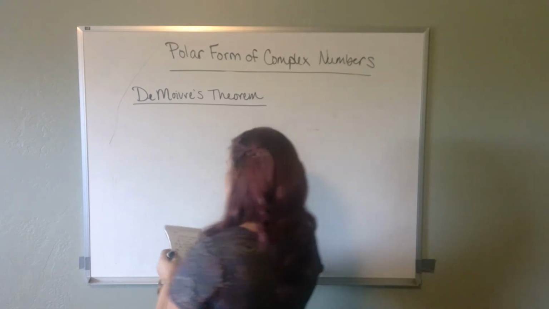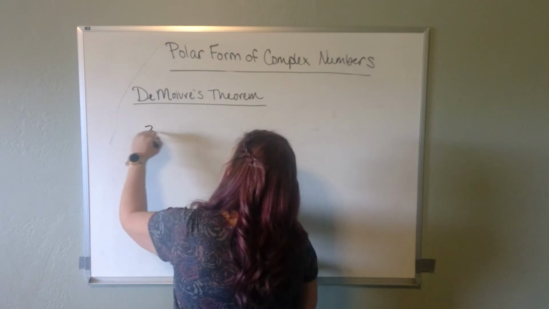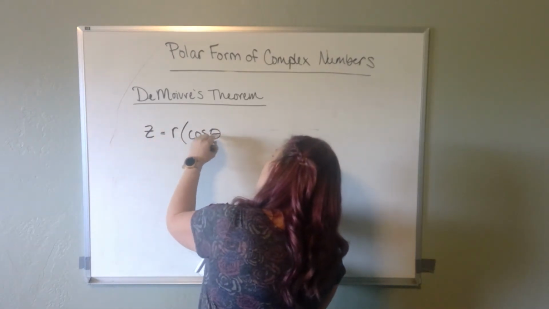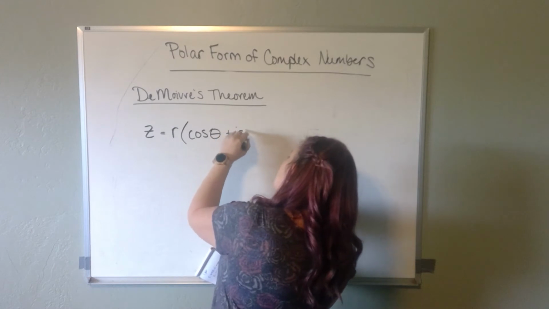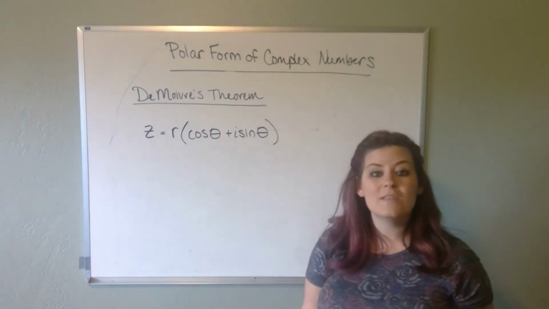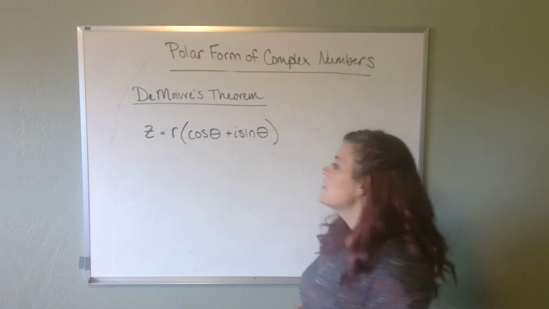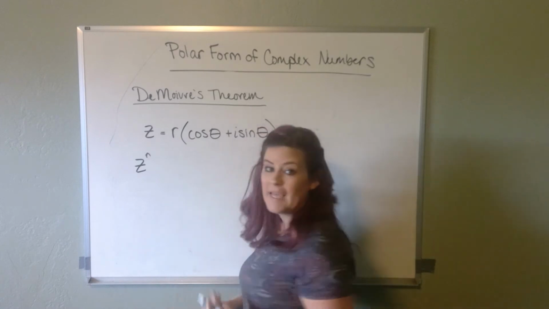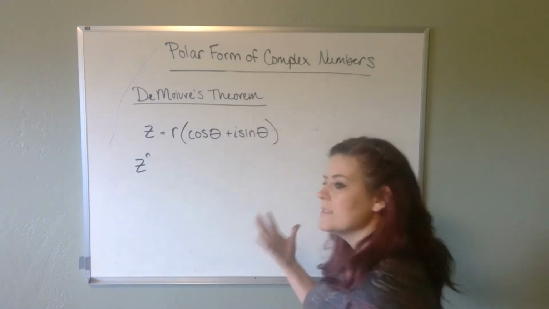But if you start in polar form, so you have your complex number z, r cosine theta plus i sine theta, and you want to raise the whole thing to a power. So let's say you want z raised to a power, let's call it n. So raise it to any power.